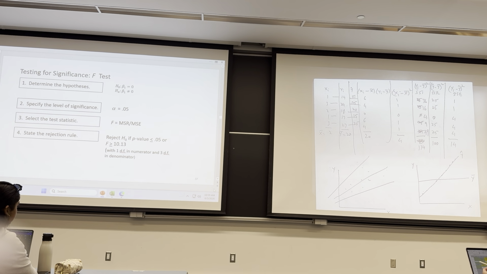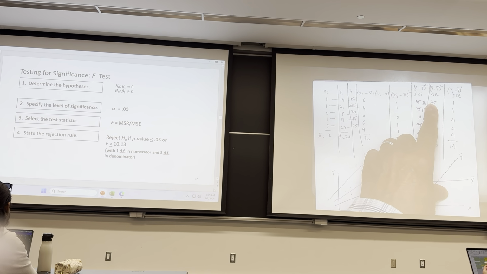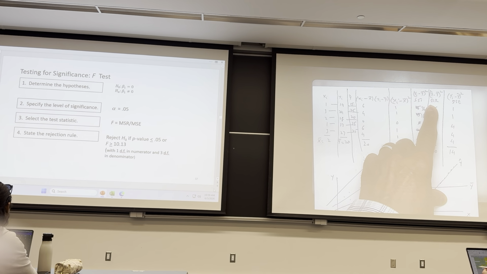Now, how do you get MSR? SSR is a measure of the proportion of variation explained.